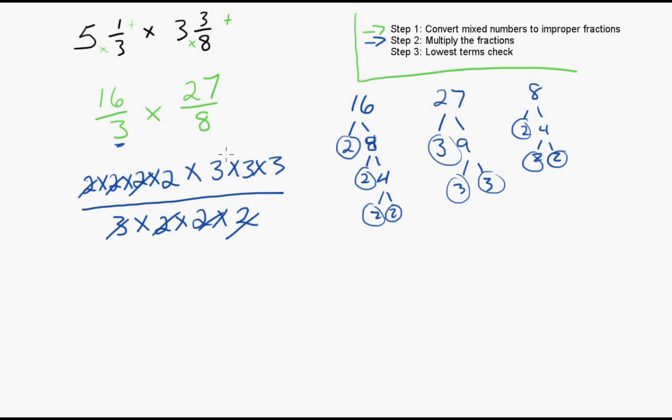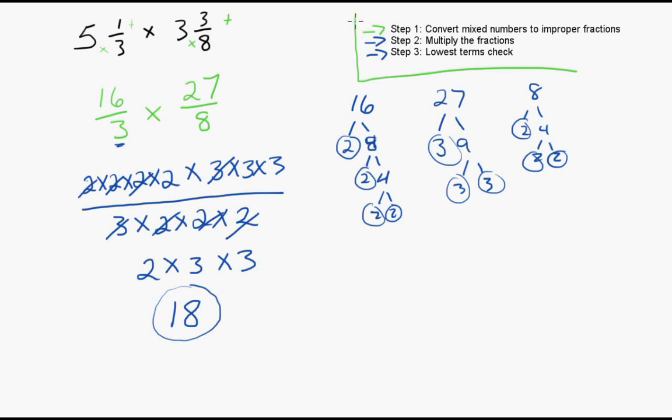And we're going to cancel this 3 on the bottom with one of the 3's on the top. That leaves us with 2 times 3 times 3. We multiply this out. 2 times 3 is 6, times 3 is 18. Now this obviously isn't a fraction, so we can't really reduce that. So we know automatically that we're in lowest terms.